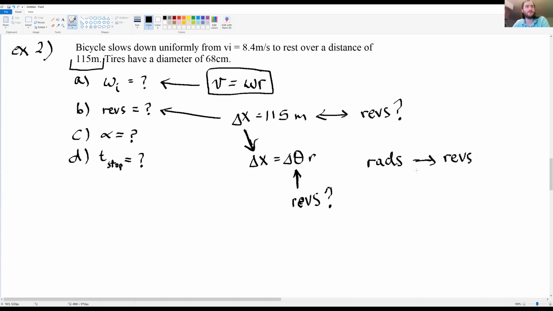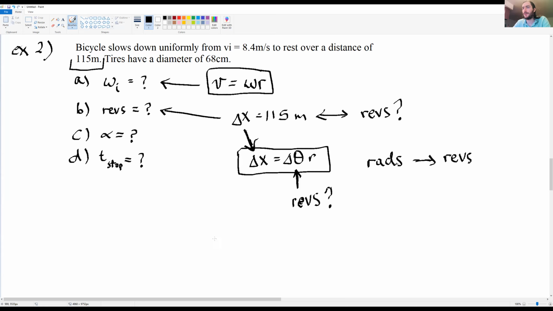Does that make sense, Leanne? Are you with us? Okay, so that's going to get you all the way to the answer on part B. Once you recognize that it's rolling without slipping, you have this expression: delta x is delta theta times r. So solve for theta: delta x divided by r is delta theta. Then you take delta theta, which is in radians, and divide it by 2 pi.